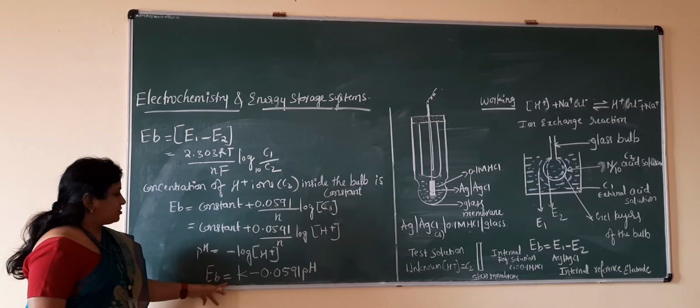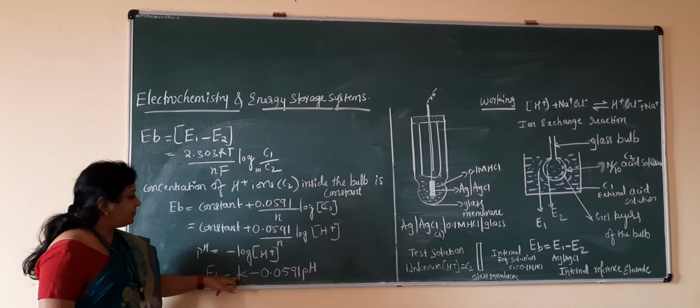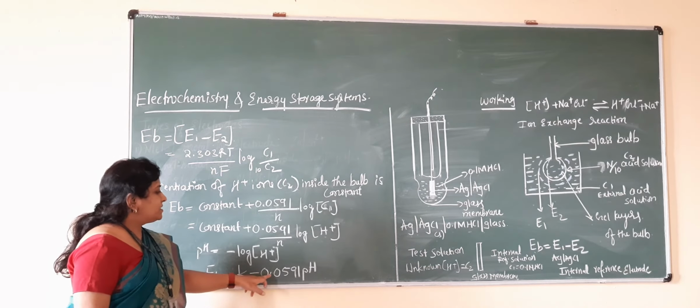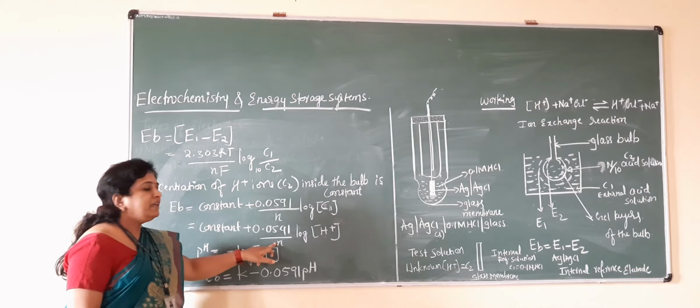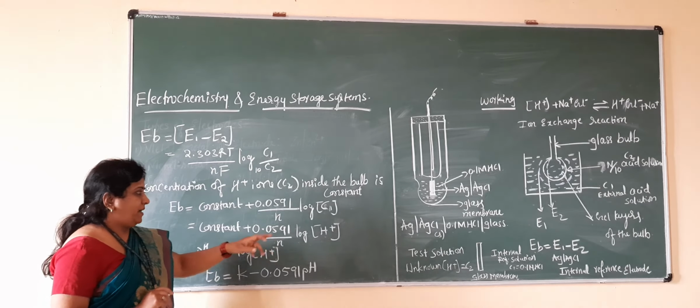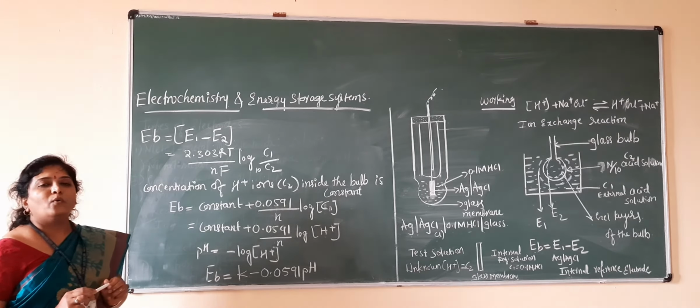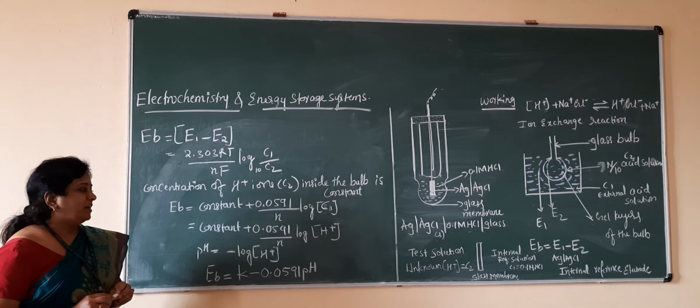EB is equal to K, because we have taken the constant as K here. So K minus 0.0591 pH, because N is the number of electrons involved in the reaction, and since it is H plus, only one electron is involved, so it is 1.